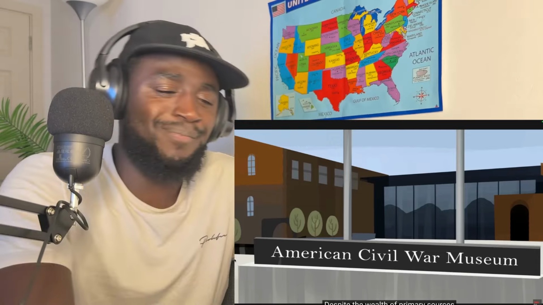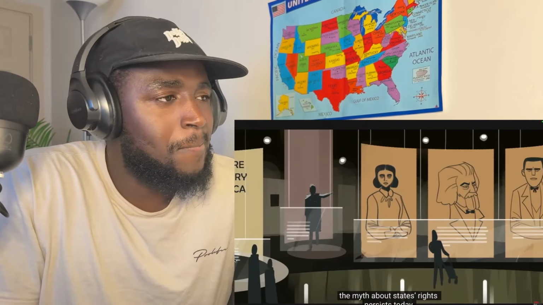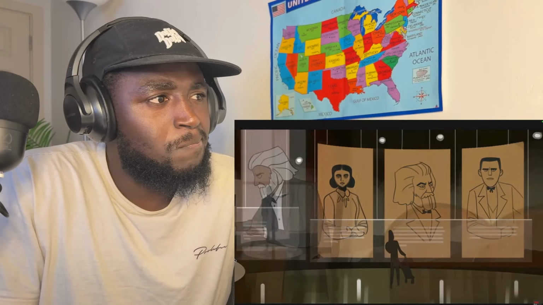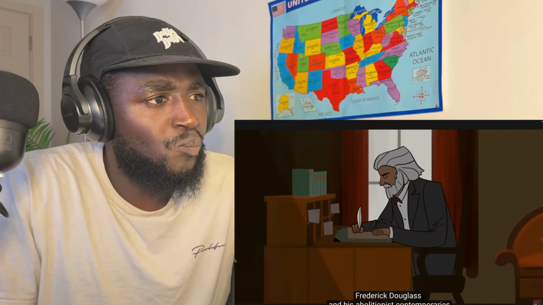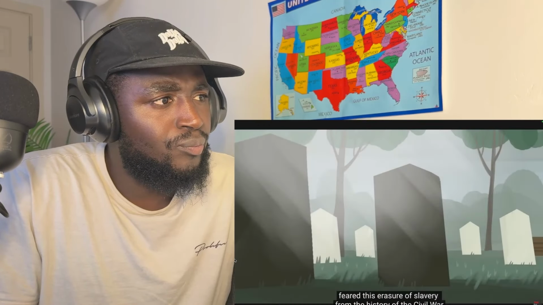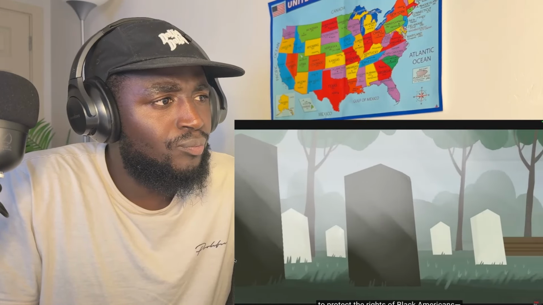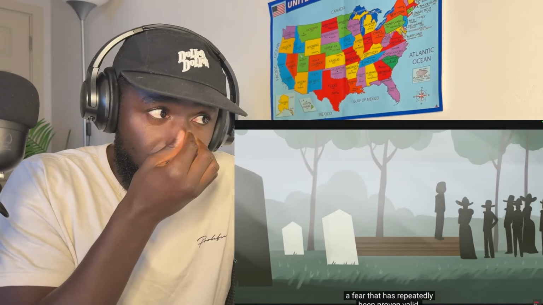Primary sources show that slavery was the root cause of the Civil War, yet the myth about states' rights persists today. In the aftermath of the war, Frederick Douglass and his abolitionist contemporaries feared this erasure of slavery from the history of the Civil War could contribute to the government's failure to protect the rights of Black Americans, a fear that has repeatedly been proven valid.